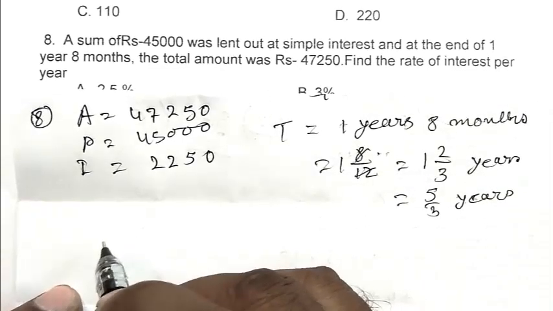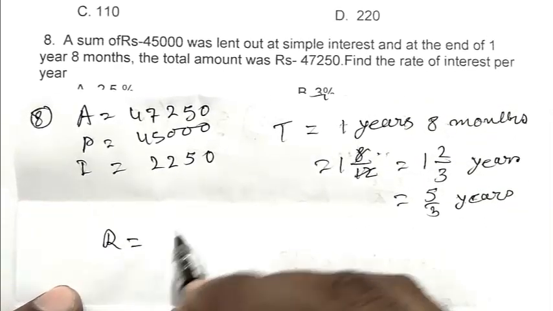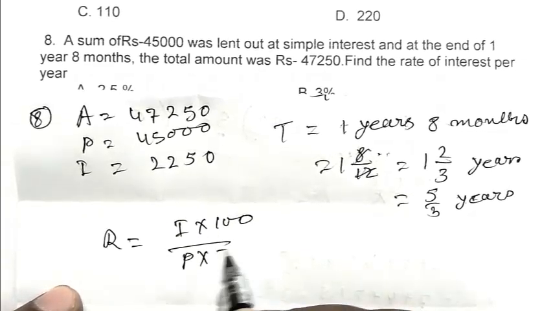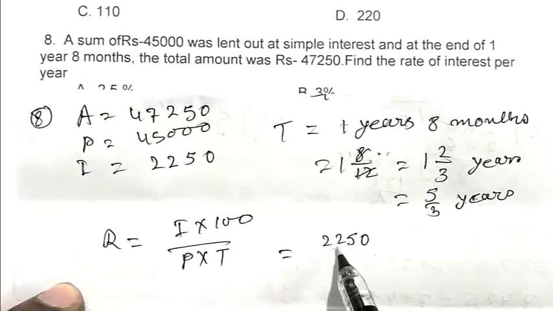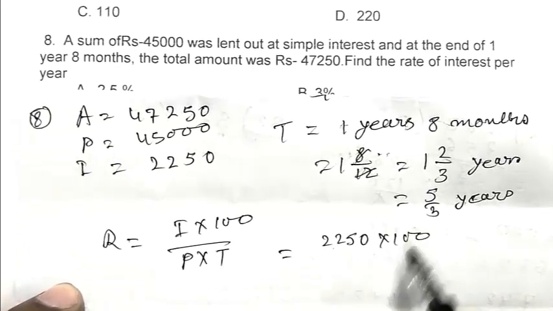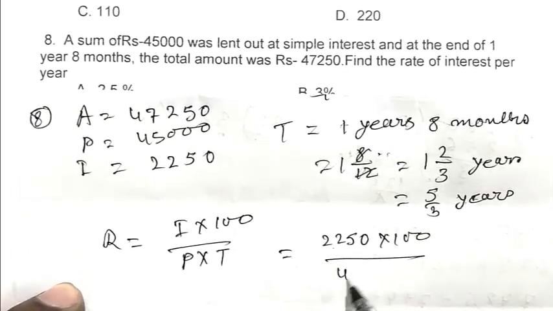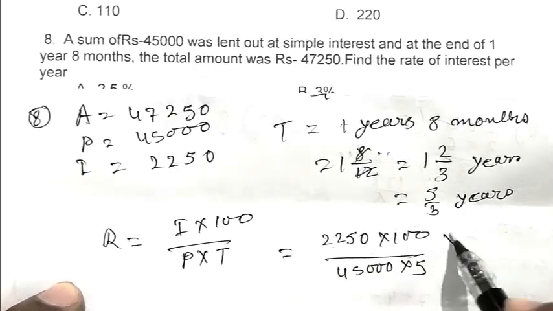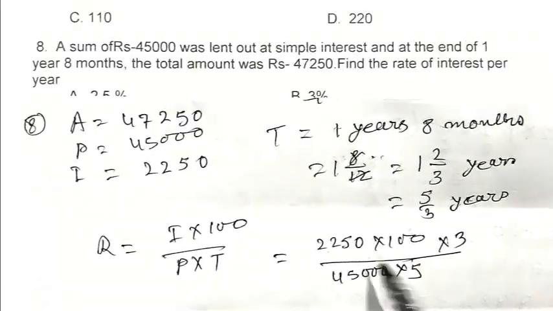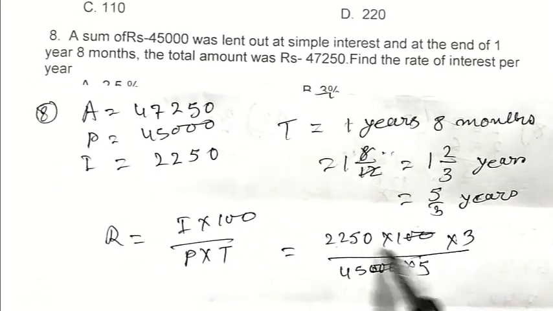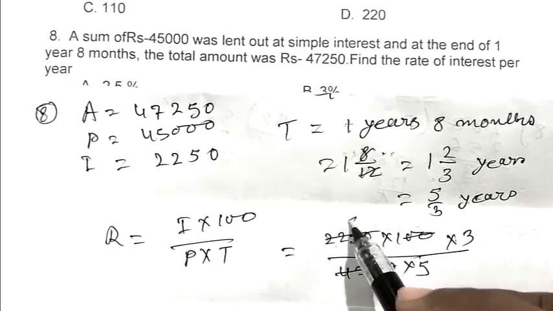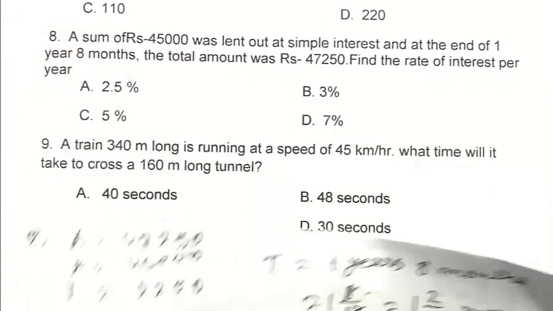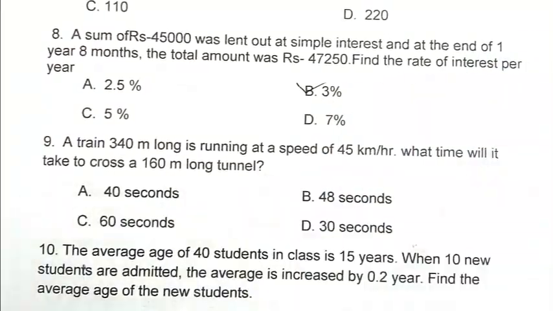So rate equals I into 100 by P into T, that is 2,250 into 100 by 45,000 into 5 by 3. So that is 3%. B is the right answer.